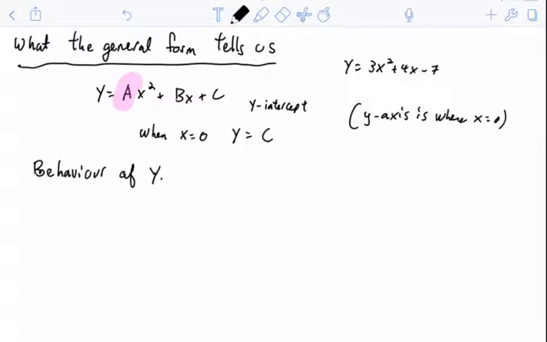Well, the output depends on the input, okay? The input determines what the output is, okay? But you can guess what kind of number you're going to get for really big values of x.